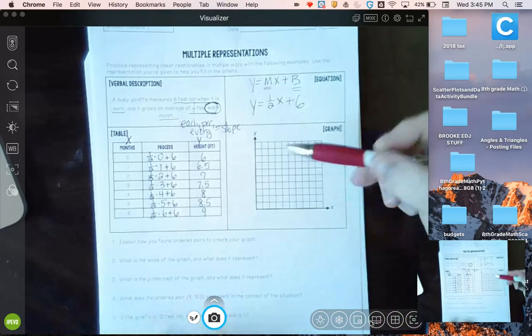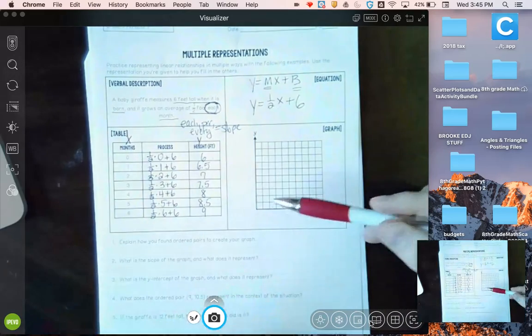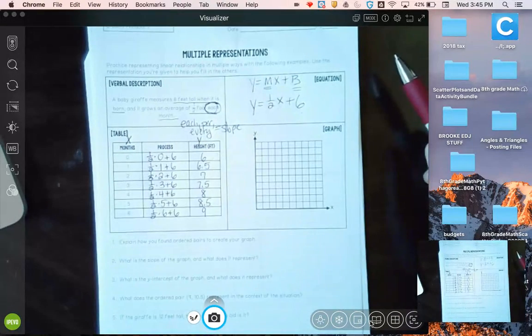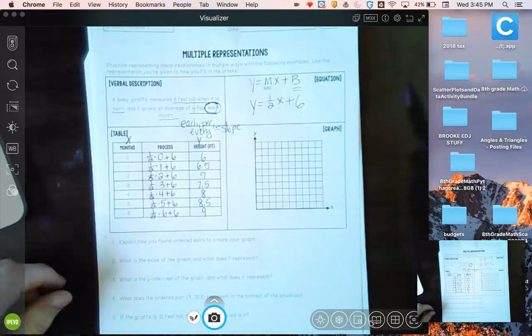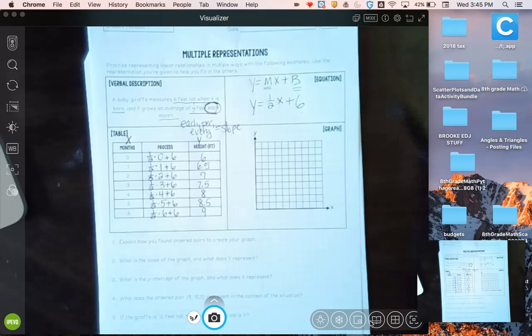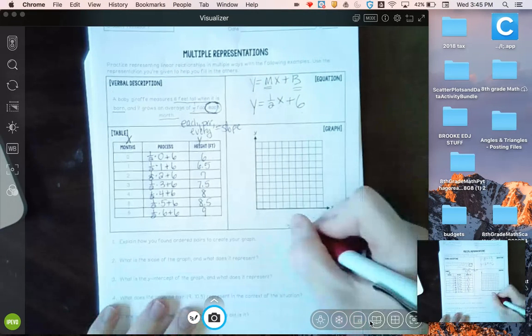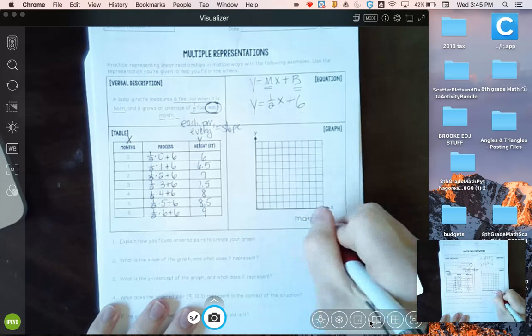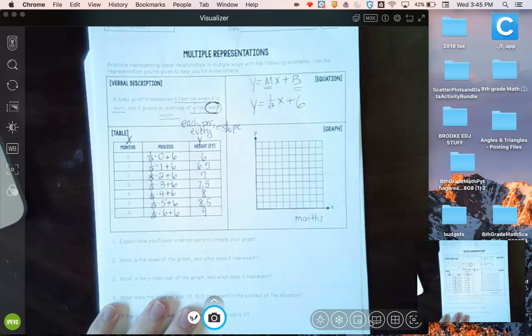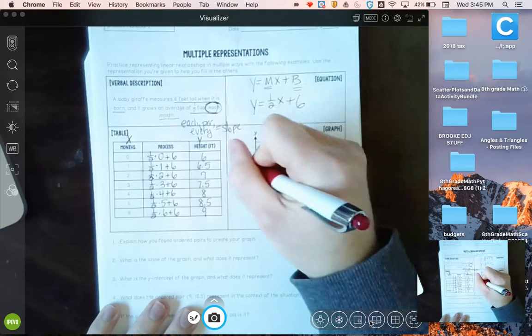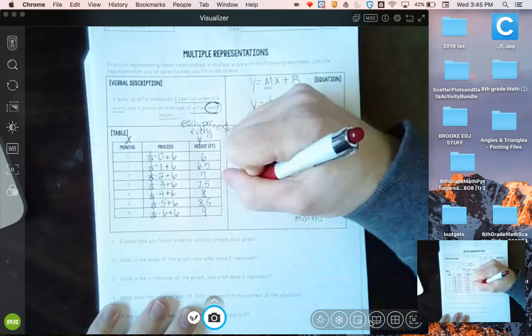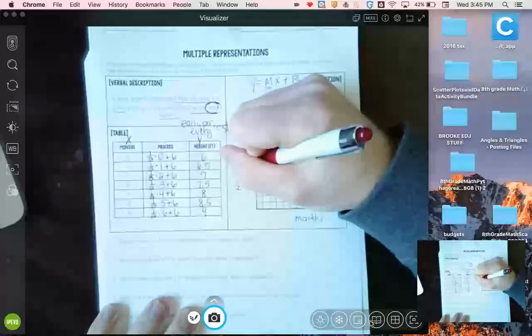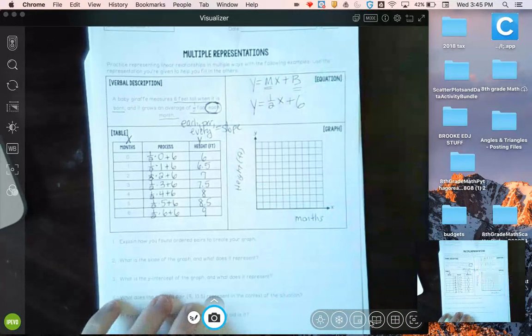Okay, now we're going to take these same representations and we're going to graph it just like we did the pizza activity. We can graph that, but we've got to label these things. So remember, our X value stands for months. Our Y value stands for height, in feet.